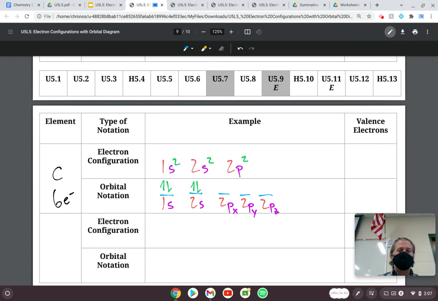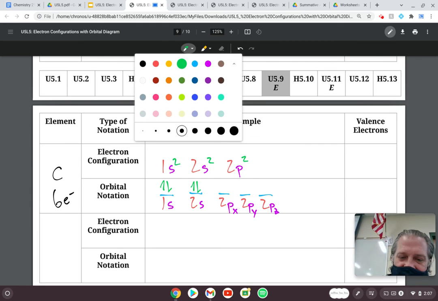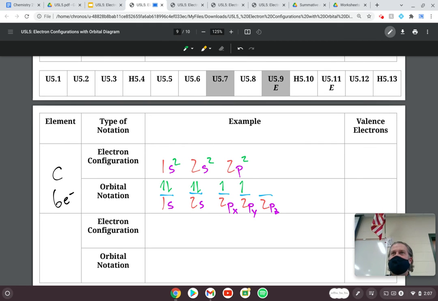That's why 1s arrow up, arrow down, 2s arrow up, arrow down. Hund's rule says within each shape, there must be an electron in each orientation before a second electron can be added. So what that looks like over here is this, arrow up, arrow up.